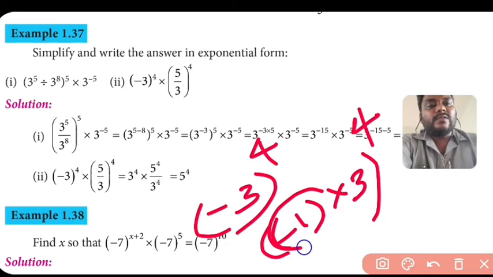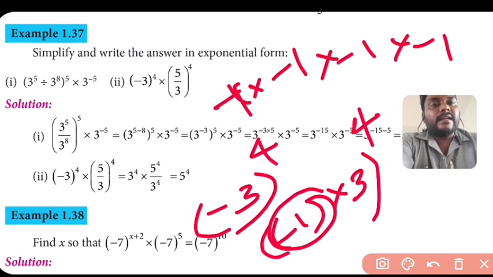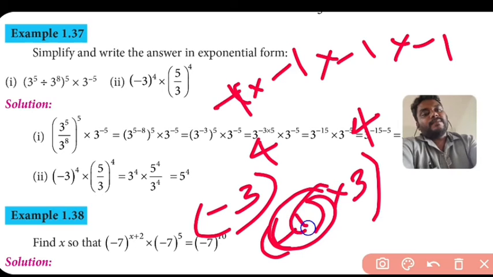Minus 1 power 4 is minus 1 into minus 1 into minus 1 into minus 1. Minus 1 into minus 1 is plus 1, plus 1 into minus 1 is minus 1, minus 1 into minus 1 is plus 1. So this becomes plus 1.